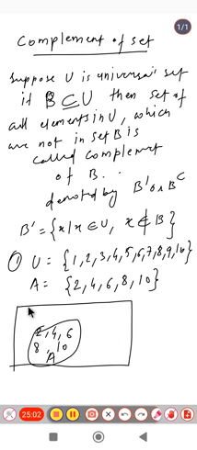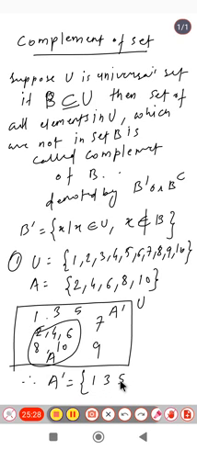Now the remaining ones, which are in the universal set, as we saw earlier, we represent as A dash. Therefore the remaining elements are 1 3 5 7 9. Understand this topic?